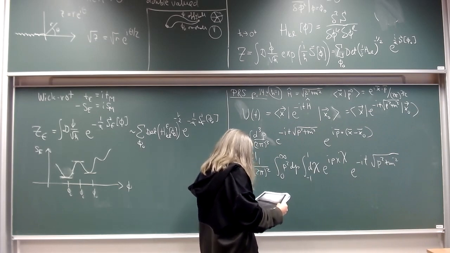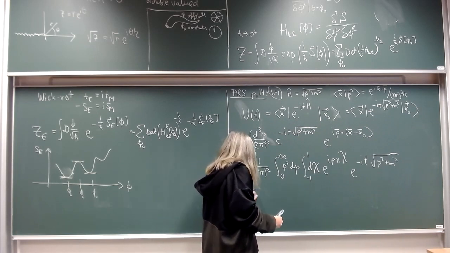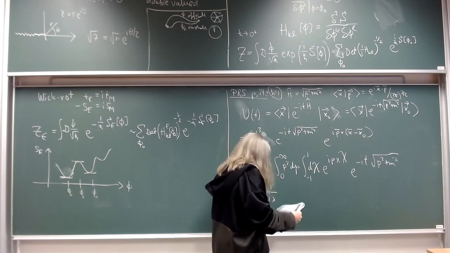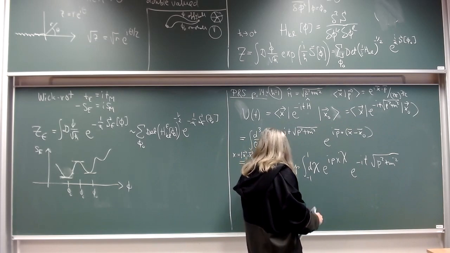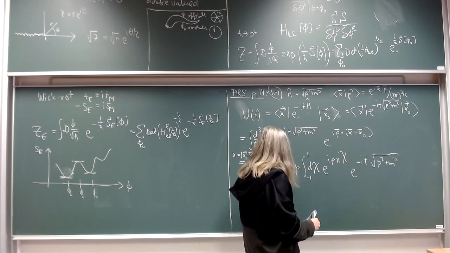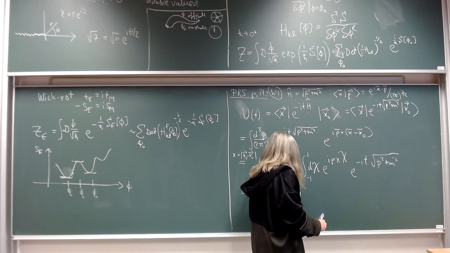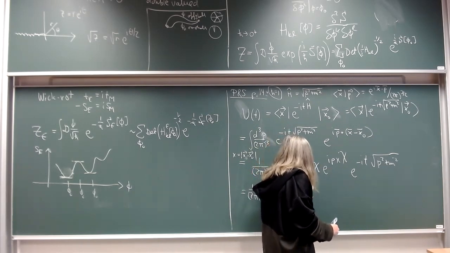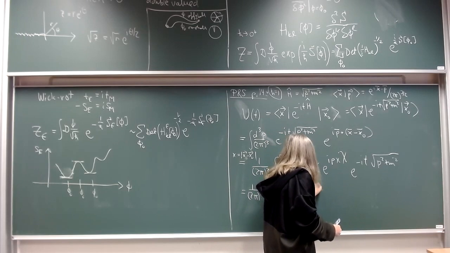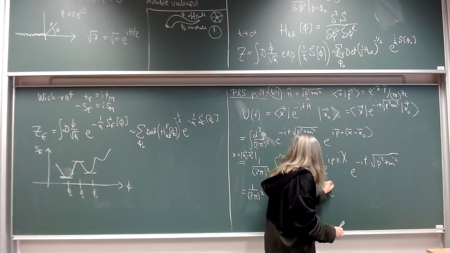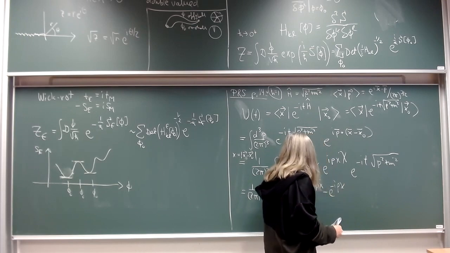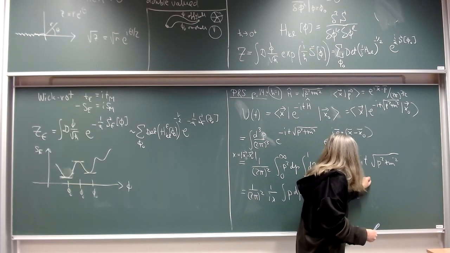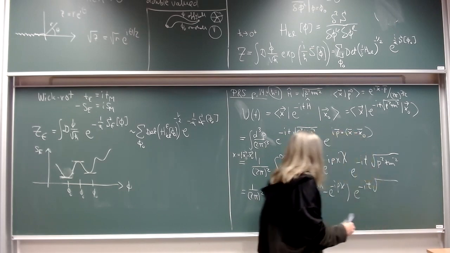So I get 1 over 2 pi squared, 1 over i x. And one of the p's goes away, so I have p dp. And here I get e to the i p x minus e to the minus i p x, times e to the minus i t square root of p squared plus m squared.